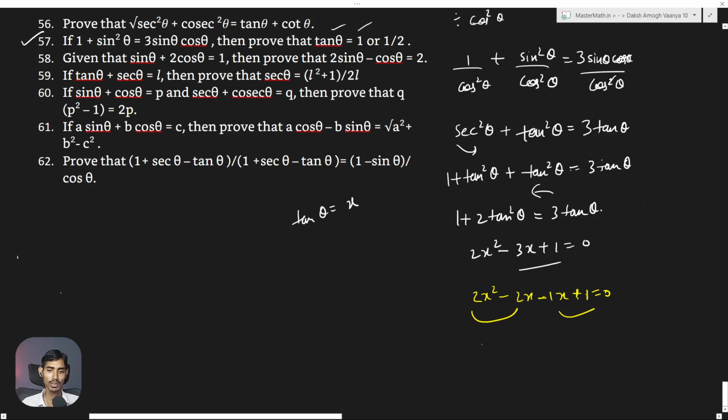Two x square minus 2x minus 1x plus 1 is equal to 0. What is common from the first two terms apart from x? 2 is common.